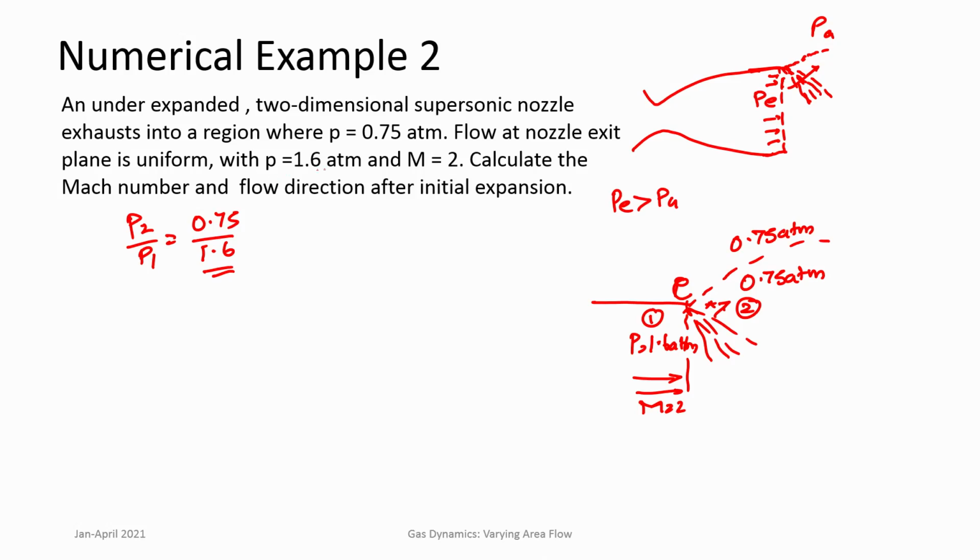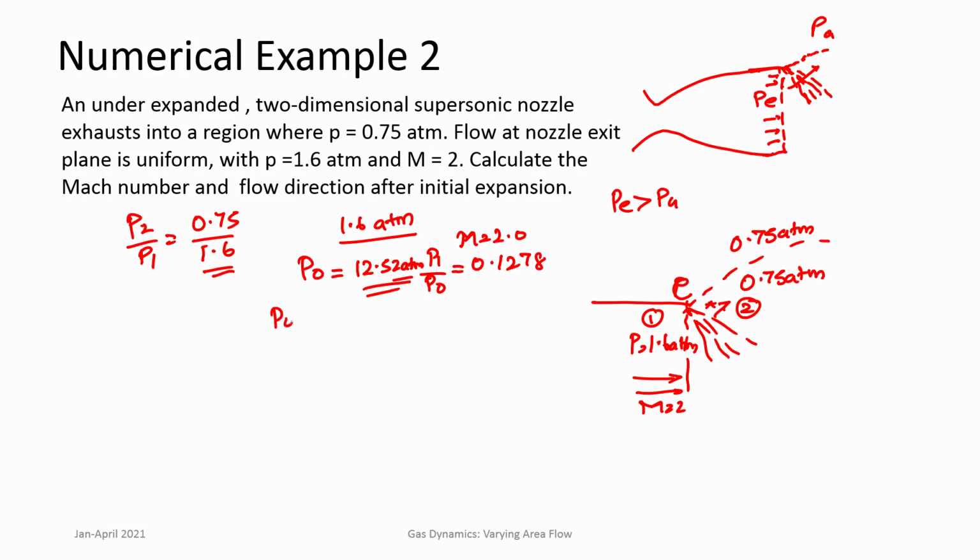If exit pressure is 1.6 atmosphere, then we can find the corresponding P naught, because P1 by P naught is 0.1278 for Mach number equal to 2. So, P naught is 12.52 atmospheres, and this P naught remains the same across the centered expansion also.